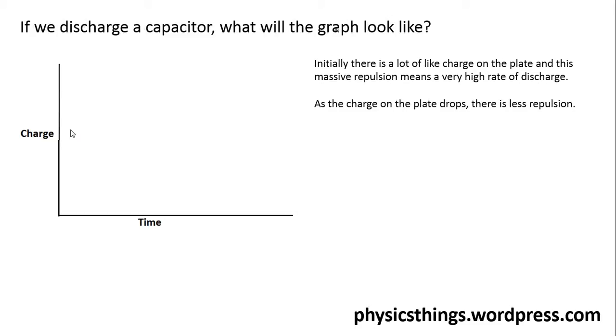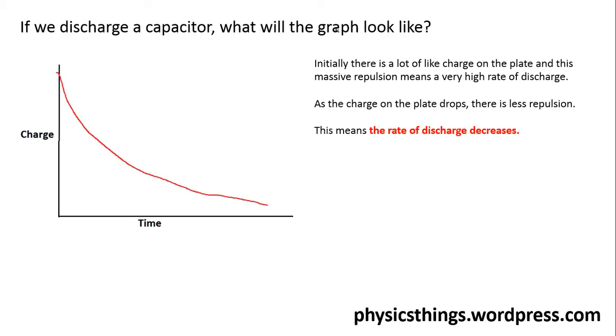As time goes on, however, charge has leaked off the plate, it's been discharged, and so now the number of repelling charges has dropped. And so the repulsive force goes down, and as a result the rate of discharge is going to go down. And so we get a graph that shows an exponential decrease, a very quick initial rate that starts to slow and slow and slow.